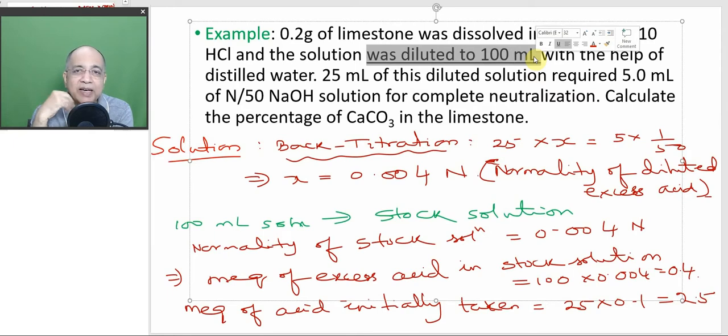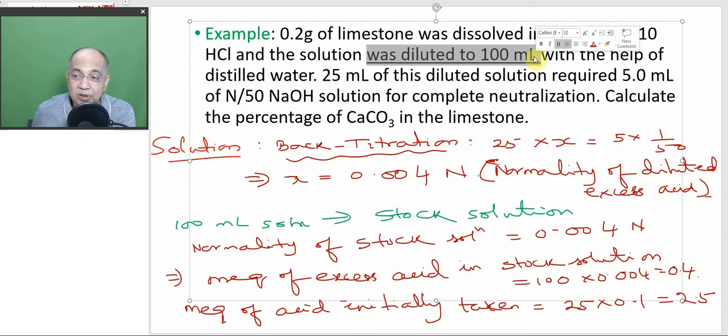The need of dilution is to make the concentration of the excess reagent solution comparable with the titrant that you are going to take to back titrate the amount of excess reagent. That's why sometimes it is needed to dilute.